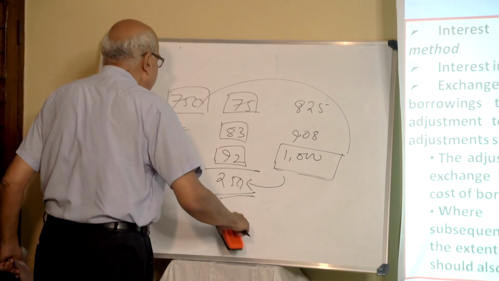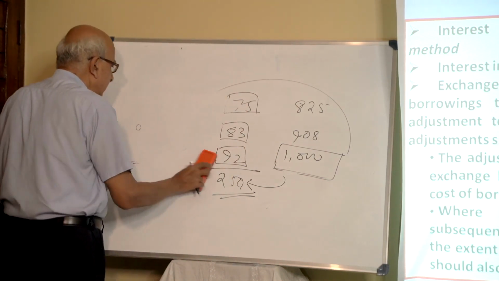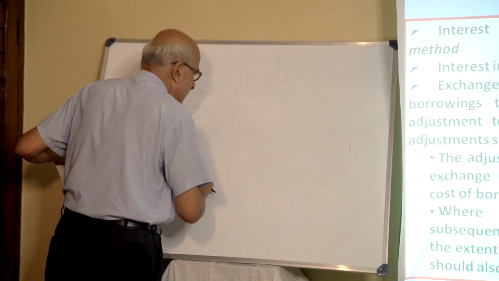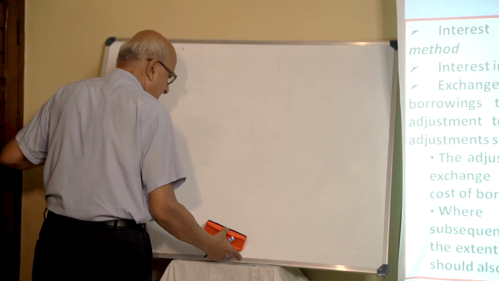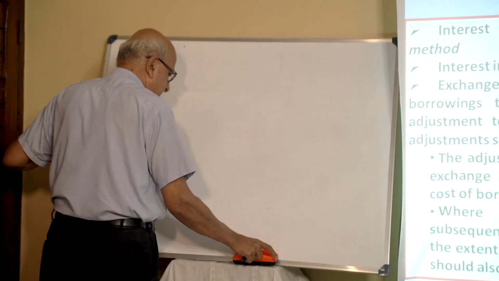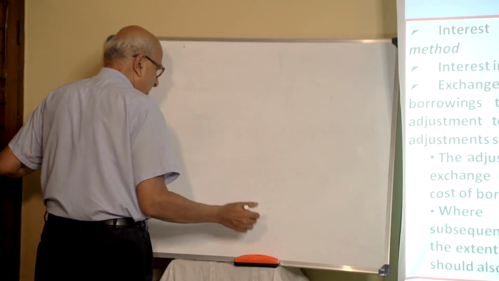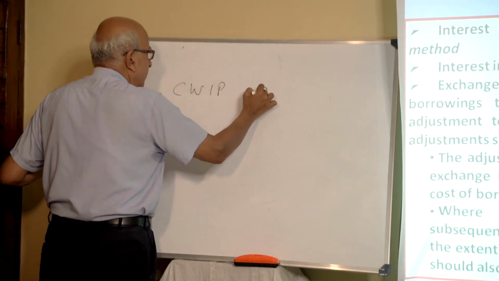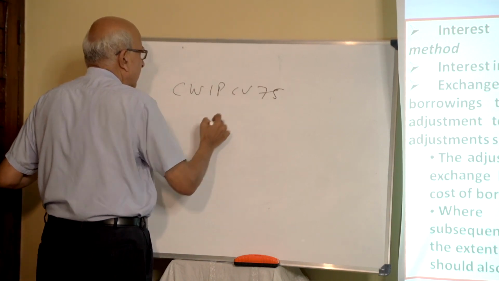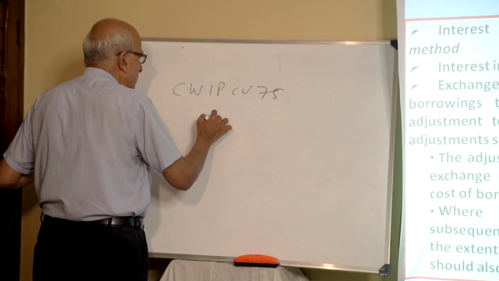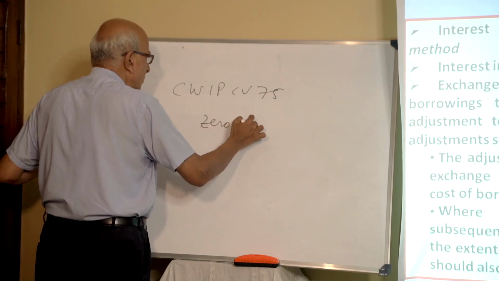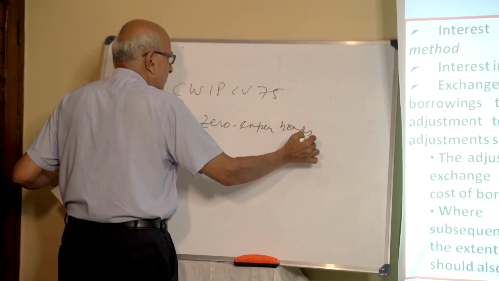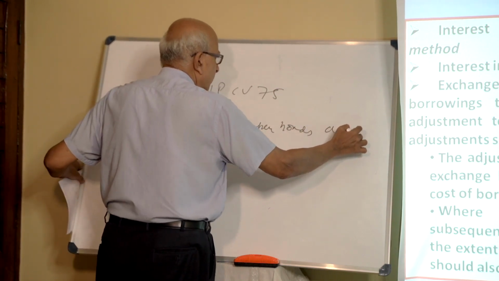Very peculiar journal entry. See for the first year. Capital work in progress debit CU 75 to 0 coupon bonds CU 75.